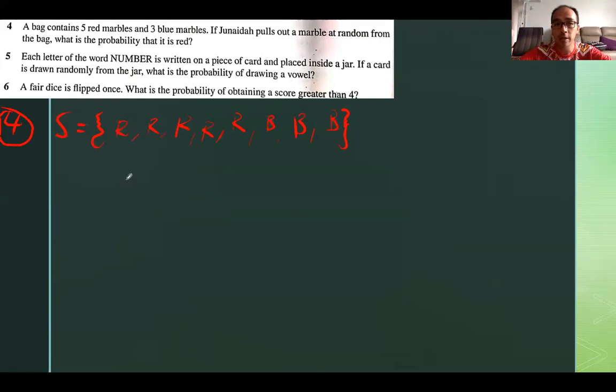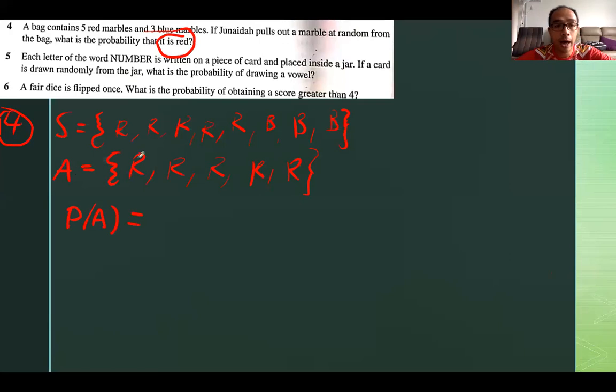Now the question is saying that the event is that you pull out a red. The possibility of this happening is 1 red, 1 red, 1 red, 1 red, 1 red, since there are 5 reds altogether.